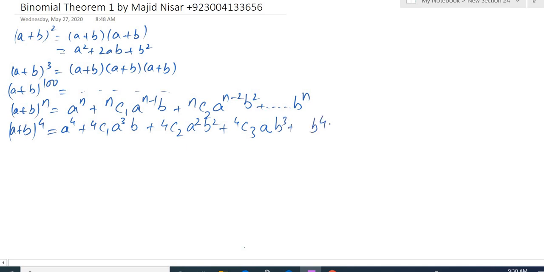If we see the sequence, this is not very difficult, this is very easy. We can easily find the value of 4C1 by using a calculator. This is not difficult. 4C2, 4C3 and 4C0.